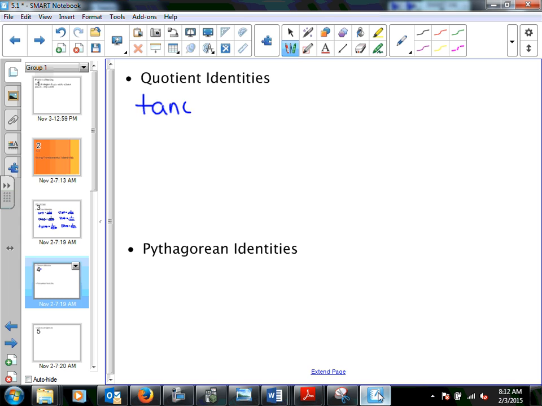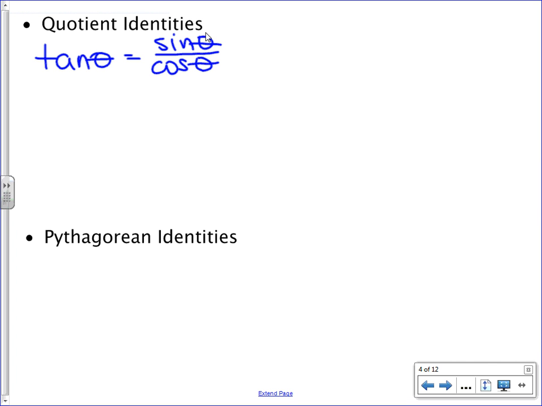So, would you agree that the tangent is the same thing as sine divided by cosine, right? If the y coordinate is sine and the x coordinate is cosine, y divided by x is the same thing as sine divided by cosine.